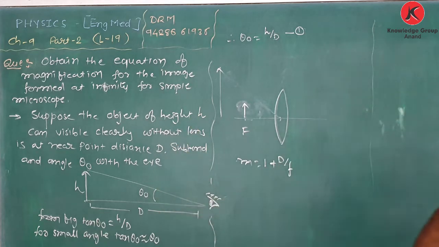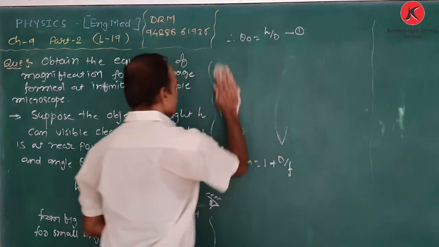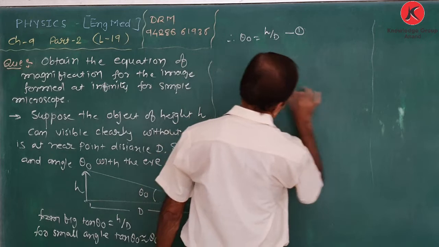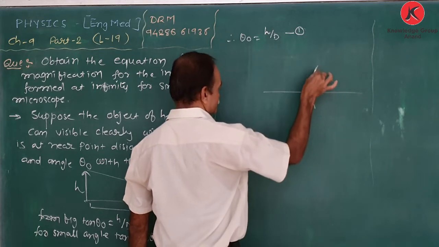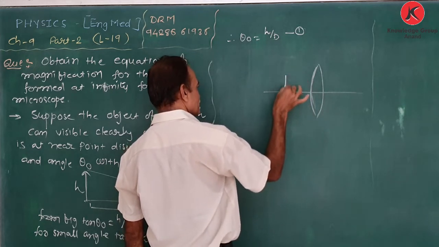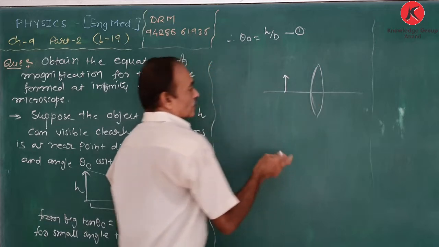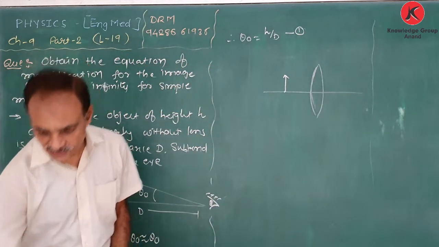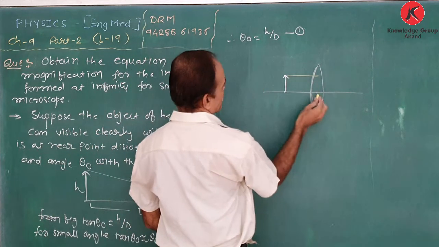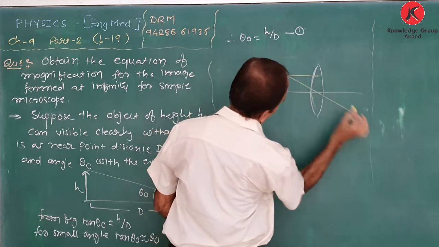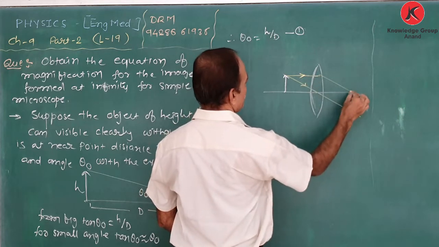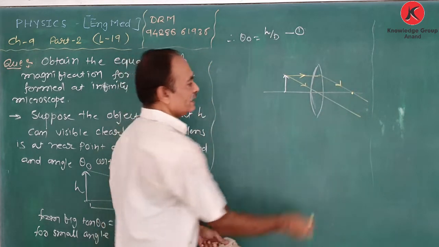Now suppose the object is placed at the principal focus of a convex lens, this way. There is the convex lens, there is the principal focus, and the object is placed here. To obtain the image of this object, we consider two rays. One is parallel to the principal axis, the second passes through the optical center of the lens. After refraction the first ray passes through the principal focus, so both rays become parallel.